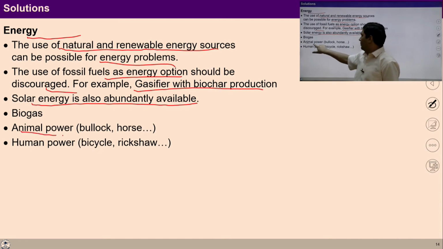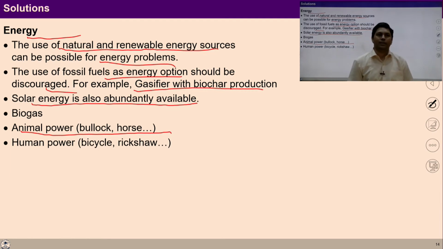Similarly, animal power. Out of these four orders, one order is the animal order, and the power of these animals can be utilized in the right manner. Then the human power also has to be utilized. So we should focus on the use of these natural, renewable energy resources, then animal power, human power.